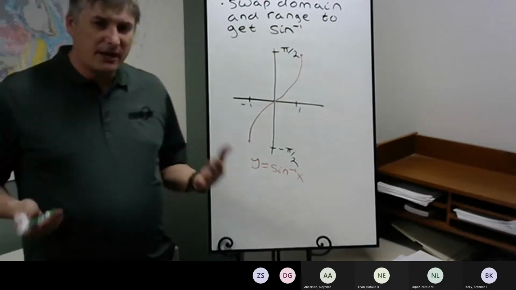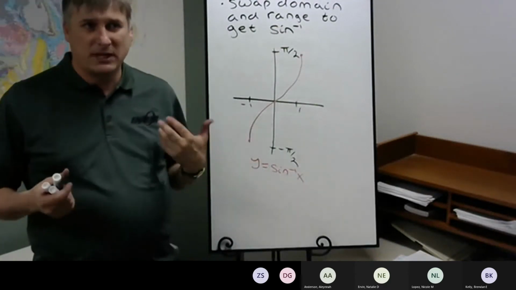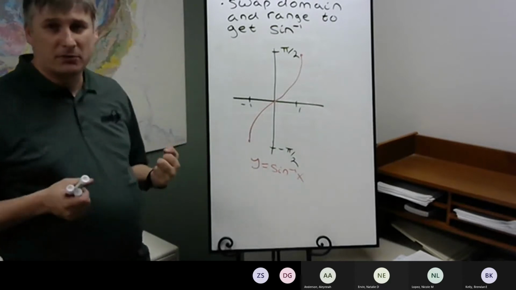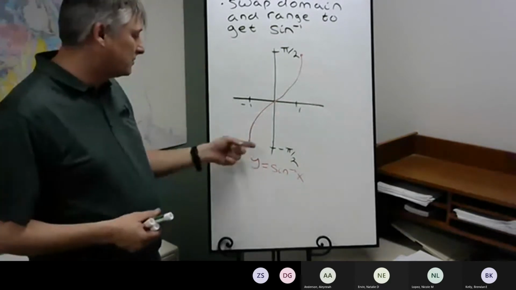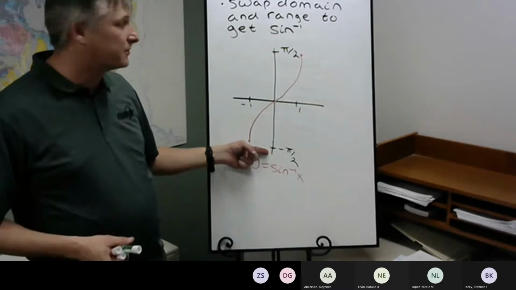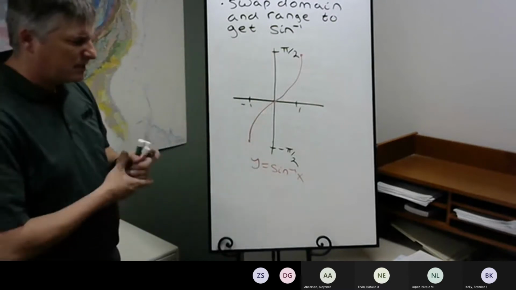Instead of the sine x that had a domain from negative pi over 2 to pi over 2, now the range of sine inverse is negative pi over 2 to pi over 2.